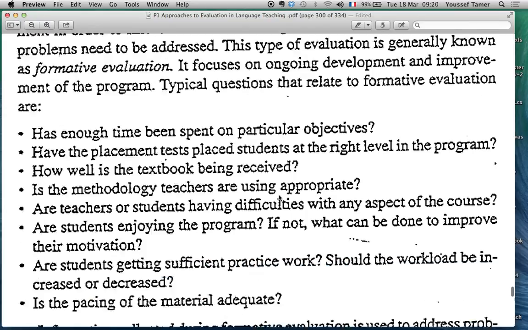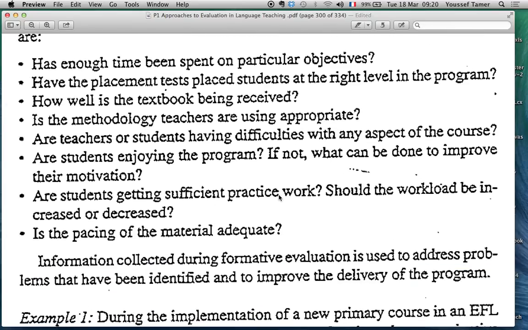So the first kind we have here, has enough time been spent on particular objectives? Some objectives need more time than others. So has enough time been spent on that? Have the placement tests placed students at the right level in the program?